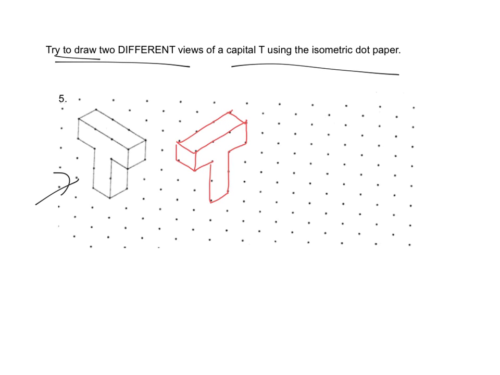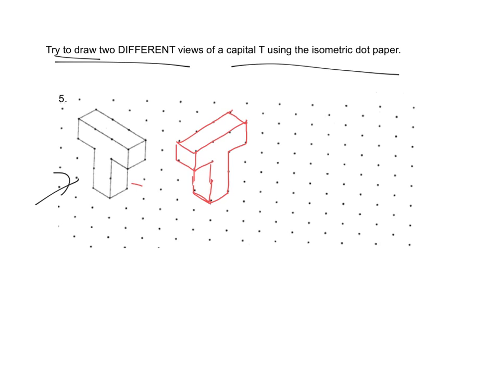Like so. And then to draw this back part, I'm just going to take this front line and draw it there. So there's the back of the T right there. Oop, I don't need that line. So there is another view of the T.